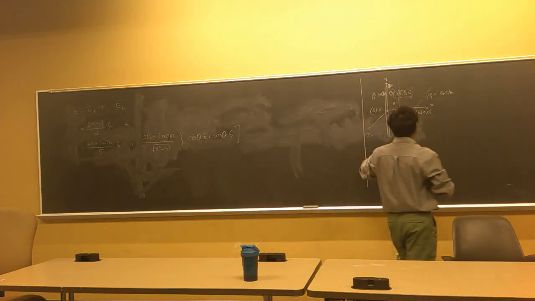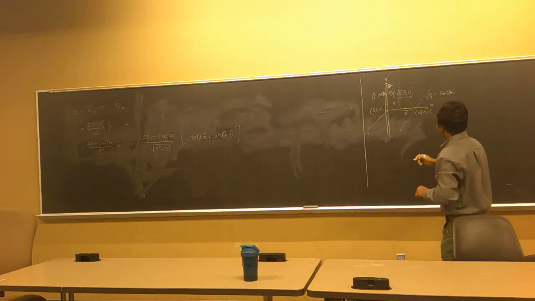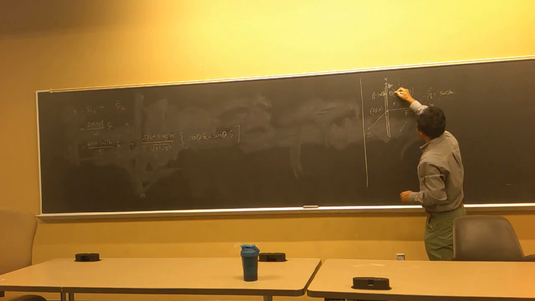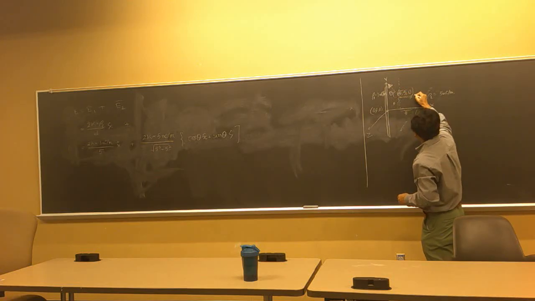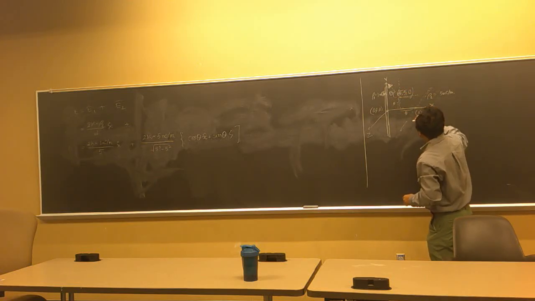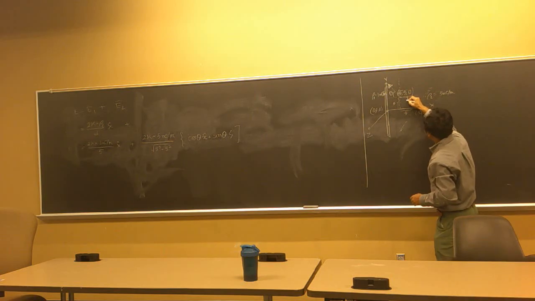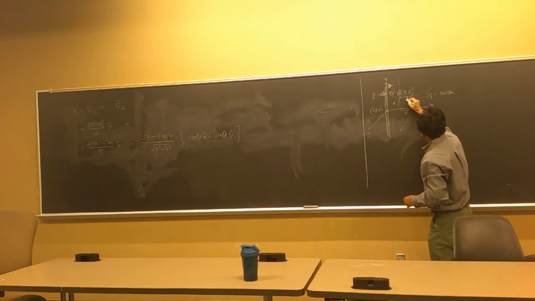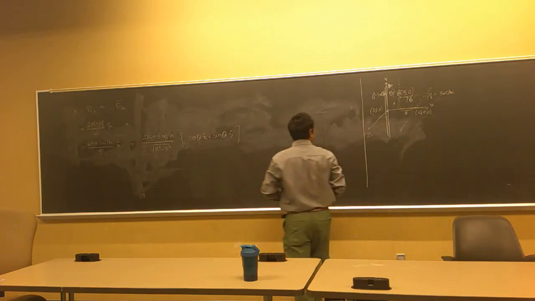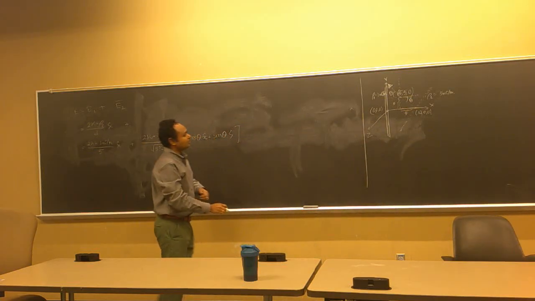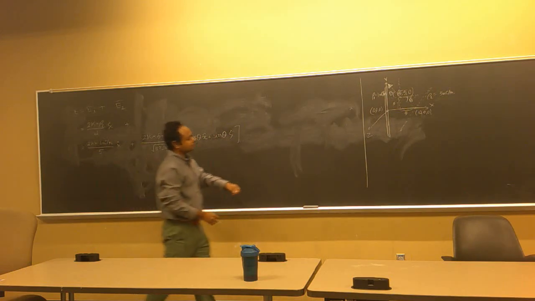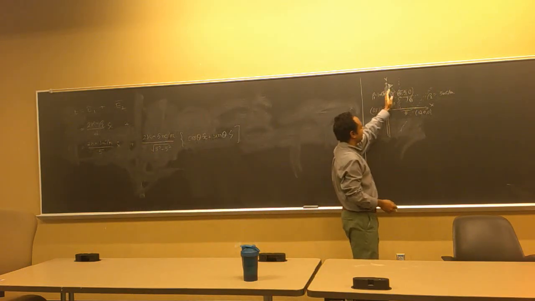Again, we are going to utilize some law of geometry, and we know that if this is theta, then this other angle must also have the same angle theta, simply because they are alternate angles.